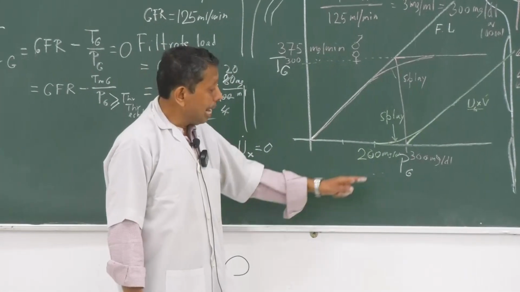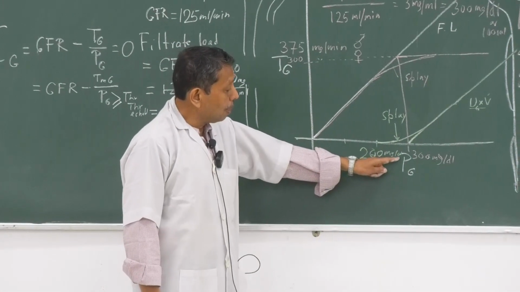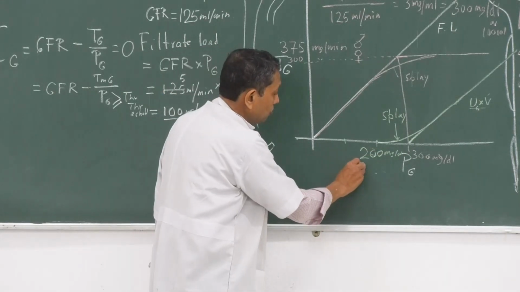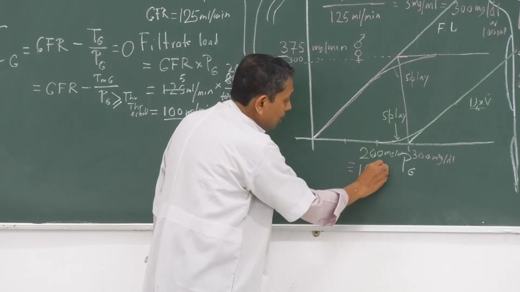So it is the actual threshold, the actual threshold of 200 milligram per deciliter of arterial plasma, and that corresponds to 180 milligram.